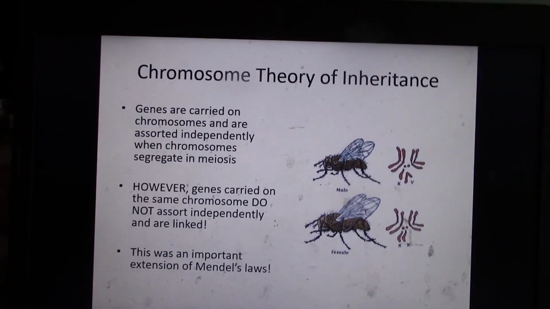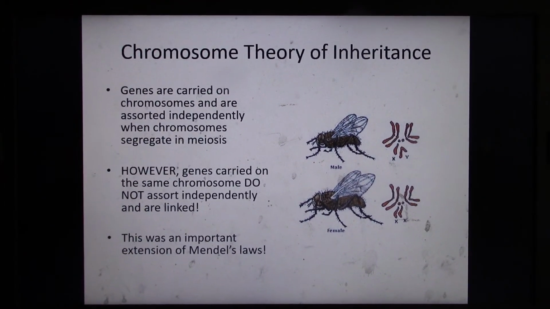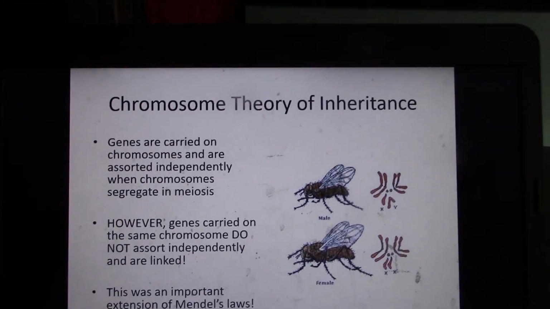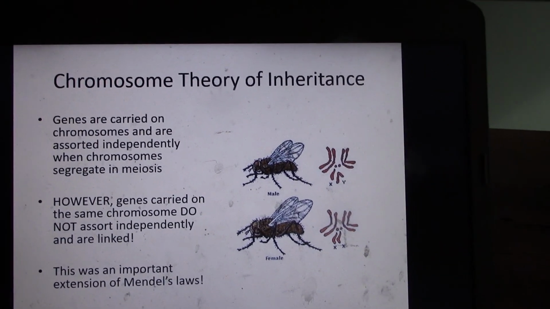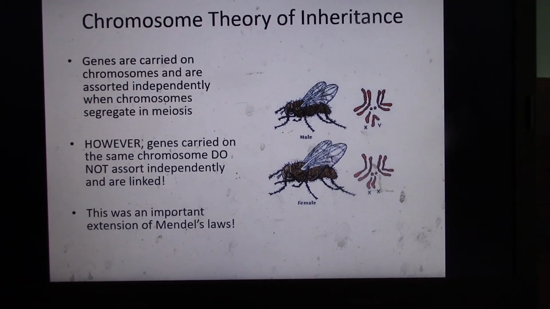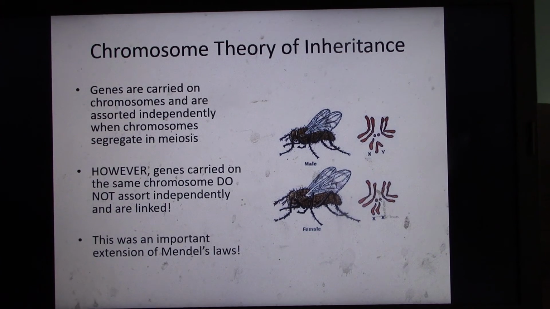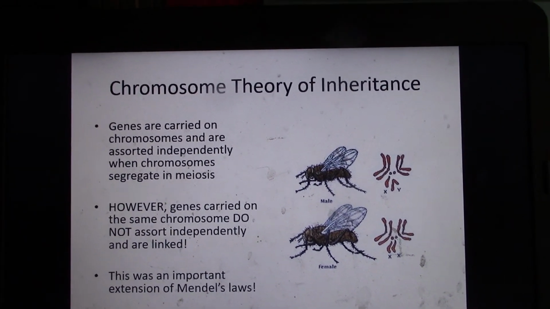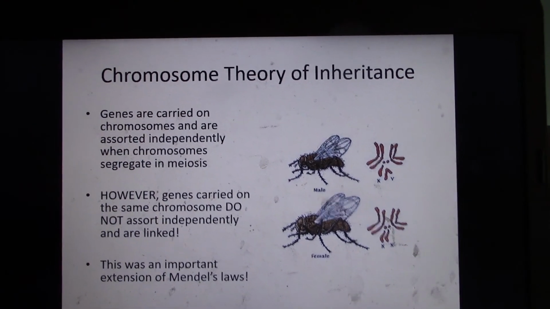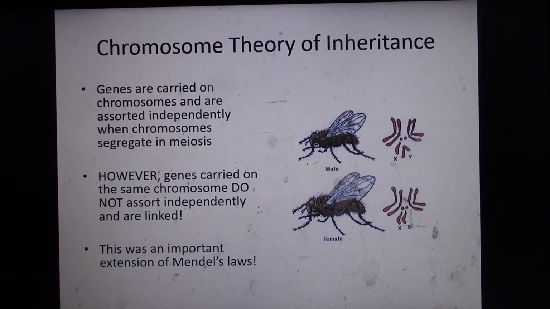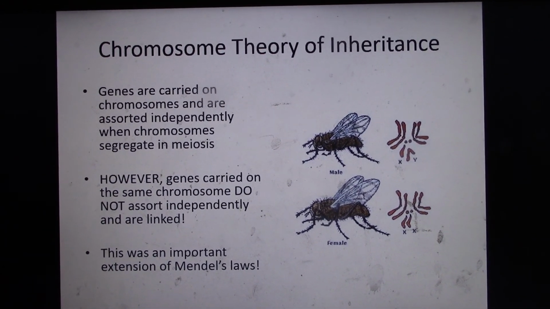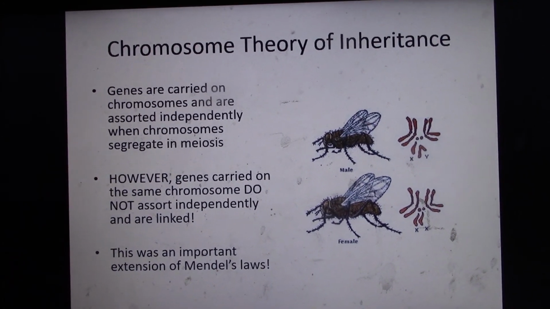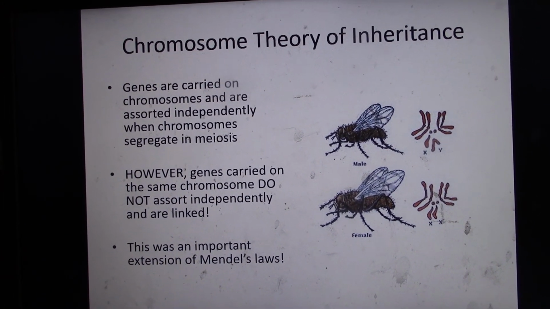So we're going to talk about gene linkage here. We talked about segregation and independent assortment and all that stuff. But we know that chromosomes, when they separate, they segregate and swap alleles during crossing over in meiosis. So we talked about independent assortment and segregation, meaning that traits and alleles are not linked.